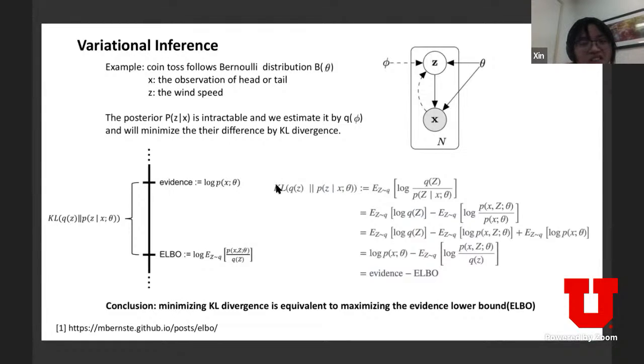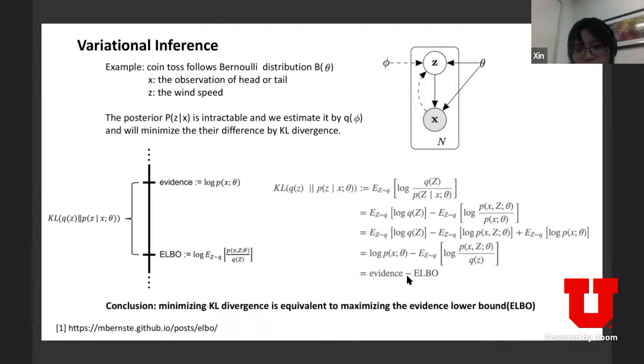For variational inference, we would like to learn the posterior P(Z given X), where Z is the hidden variable, but it's intractable. So we try to estimate it with Q theta, and then we need to minimize the difference between those two distributions by KL divergence.